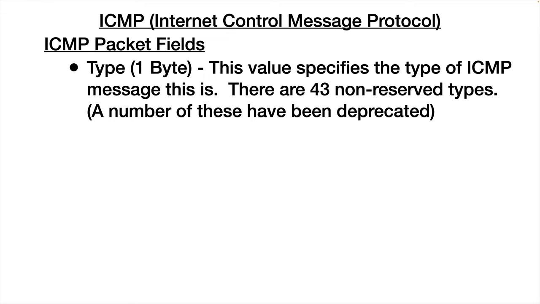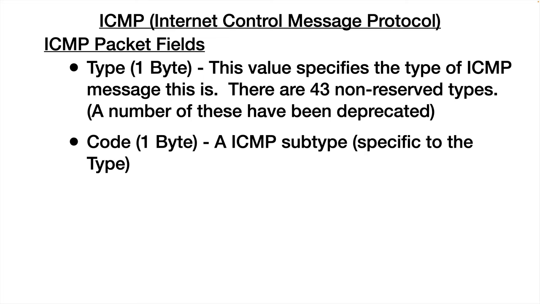That's a type of 8. When the protocol was developed, there were 43 non-reserved types. A number of these have since been deprecated. What we mean by deprecated, if you're not familiar with that term, is we had something that was part of the protocol, and we either no longer use it or we have replaced it, and then at some point in time it will be declared deprecated, which means you're not supposed to use it anymore.